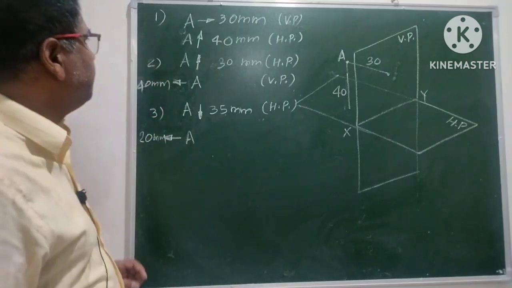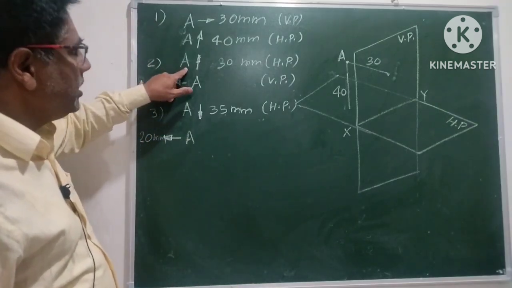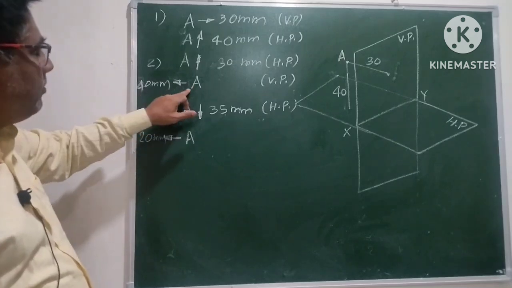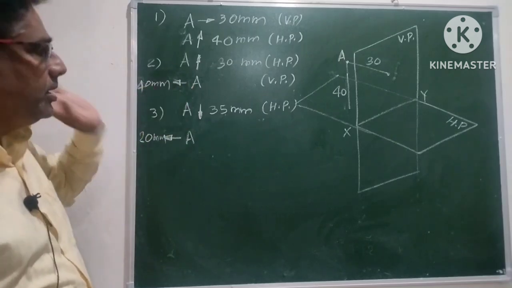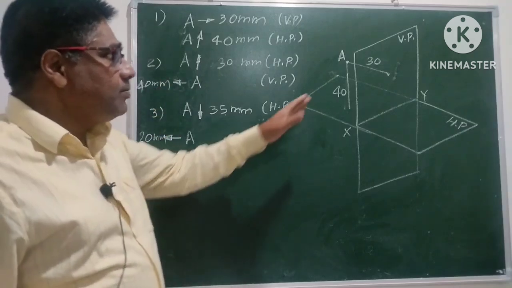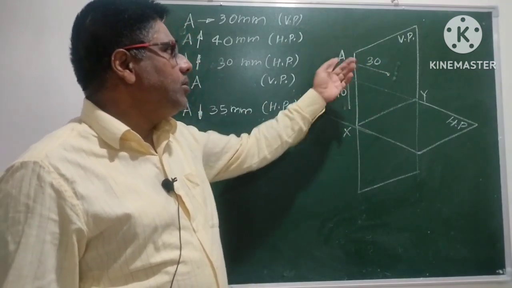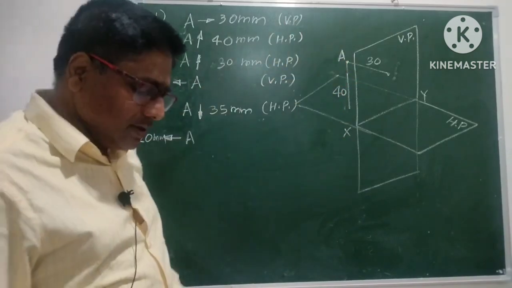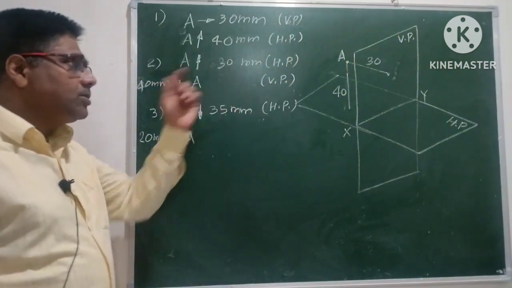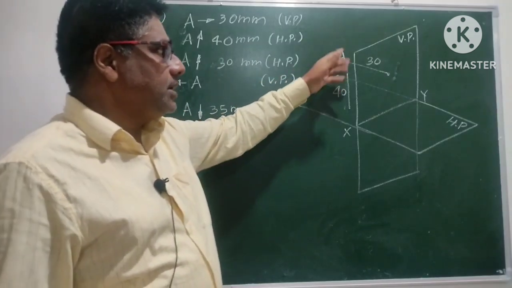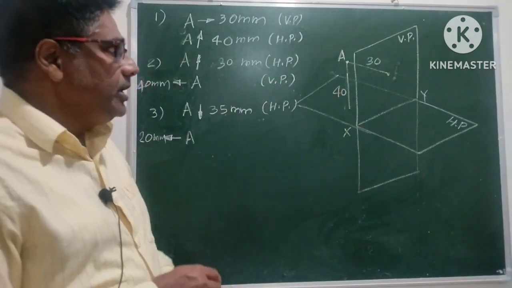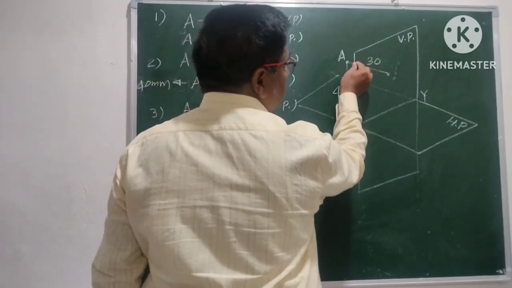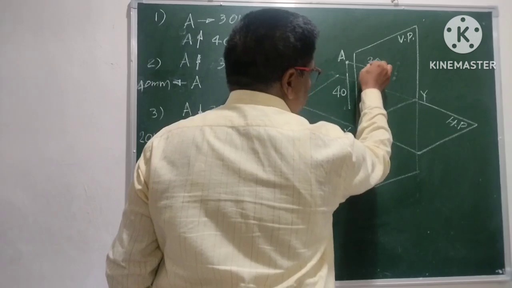Now the next problem is: point A is 30 mm above HP and 40 mm behind VP. As the point is behind VP and above HP, it should lie in the second quadrant. To draw projections of this point, that is front view and top view, we need to project this point on the vertical plane to get its front view.